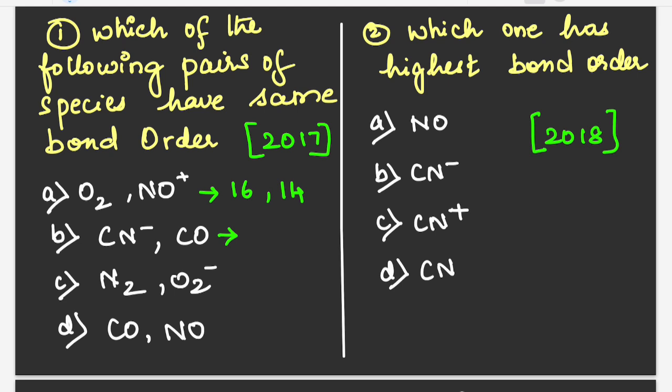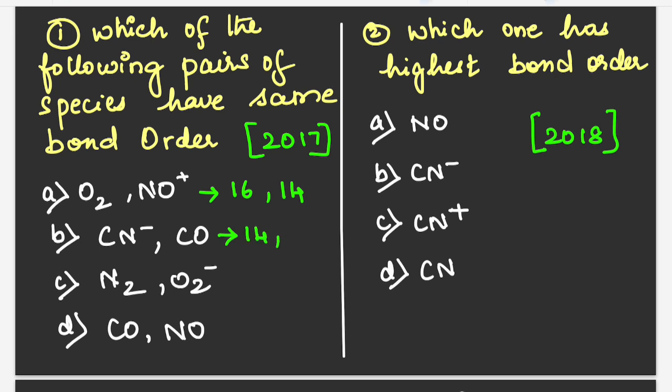In the second one, carbon has 6 electrons and nitrogen has 7 electrons. 6 plus 7 is 13. And the minus sign indicates they have 1 extra electron, so 13 plus 1 will be 14 electrons.